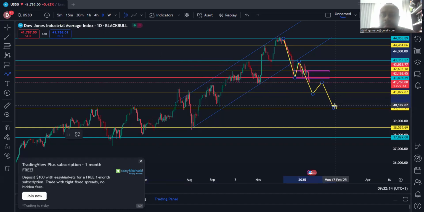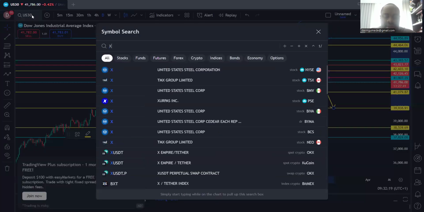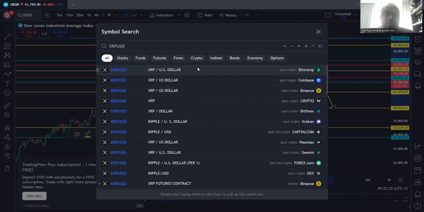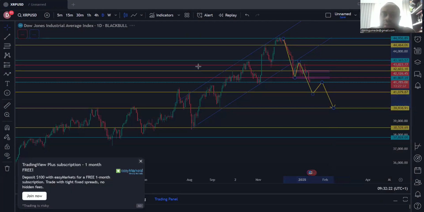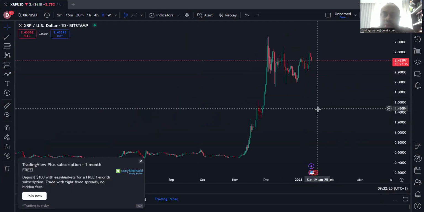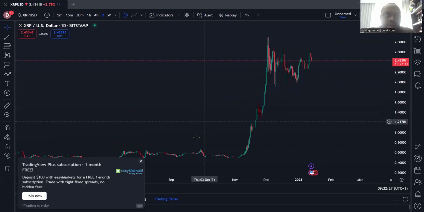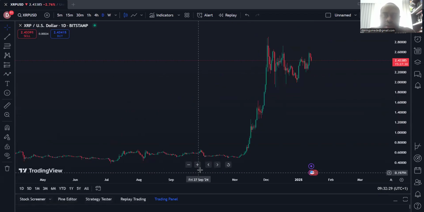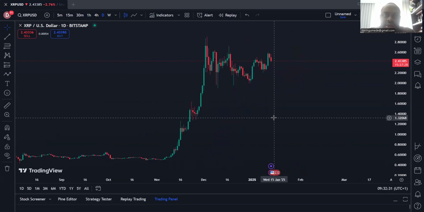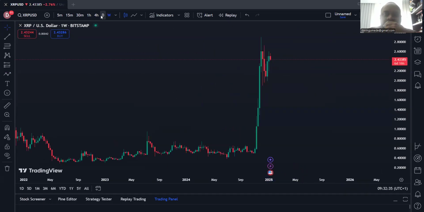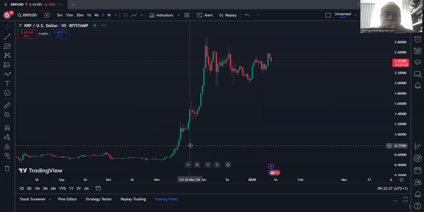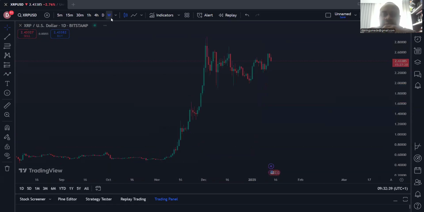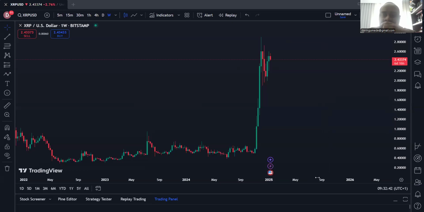So now for us to move into XRP. Let's move into weekly first.